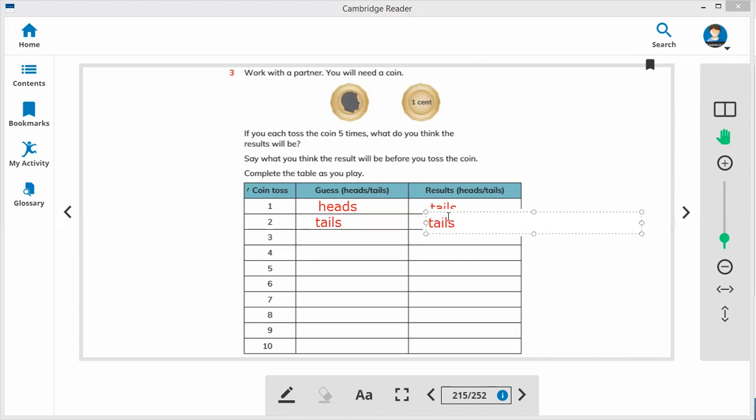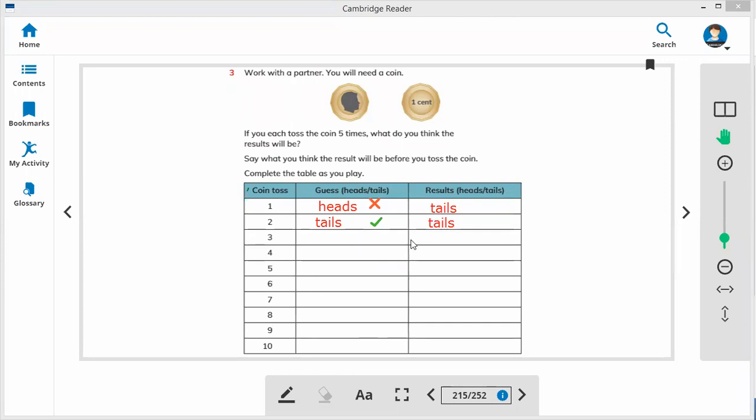So this means my guess was correct, and my result is also tails. Here my guess was correct, but before my guess was wrong. So complete the table as you play.